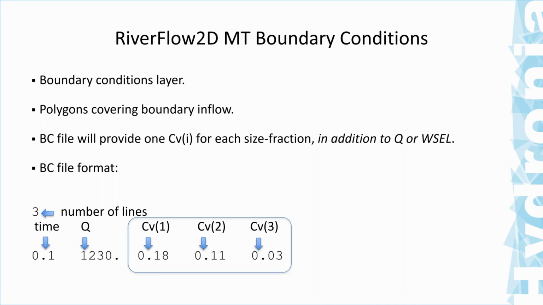Another important thing that you have to be aware of in this new module is that the boundary conditions are a little different. This is because, since we are using different fractions to represent the fluid, it is no longer a constant property fluid. Now, you have to provide volume concentrations for each of the fractions that are coming into the mesh from the boundaries. So we do that in the boundary condition layer.